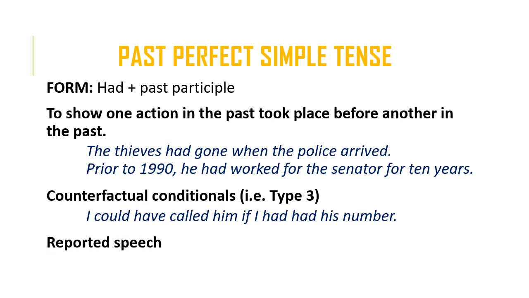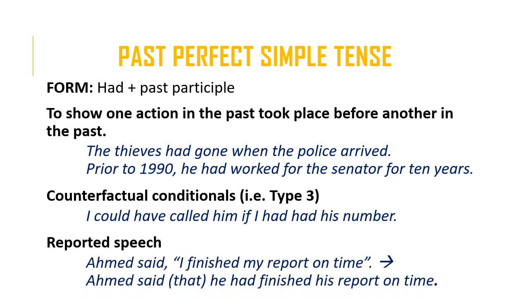A third function of this tense is in reported speech. So if Ahmed were to say the following words, so these are exactly his words: I finished my report on time.